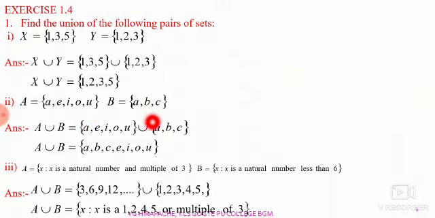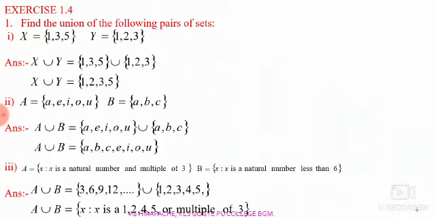Therefore a is there in both the sets, b is there in the second set but not in the first, c is there in the second set but not in the first. These are the members of the union. e is there in the first but not in the second, also a member of the union. i is also a member, o and u. Therefore the union between these two sets is {a, b, c, e, i, o, u}.